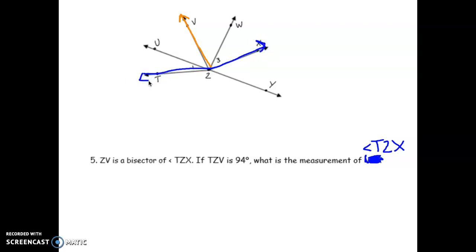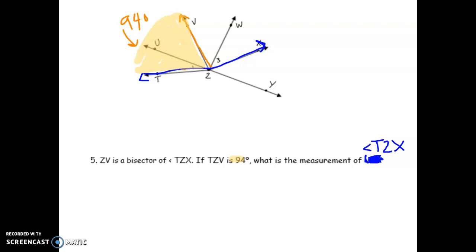It tells us TZV, this portion right over here, is 94 degrees. What is the measurement of TZX? So what is the measurement of my blue angle? If this side is 94, what would be the measurement of my entire big angle? That would be your answer for number 5.